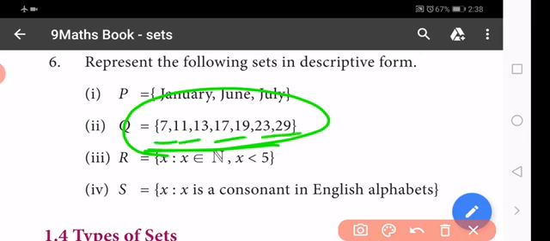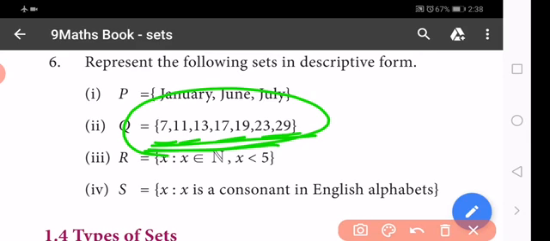Each number is divisible by itself and one only. Then what is the type of number? It is a prime number. Then how to write the set of all prime numbers? The set of all prime numbers.